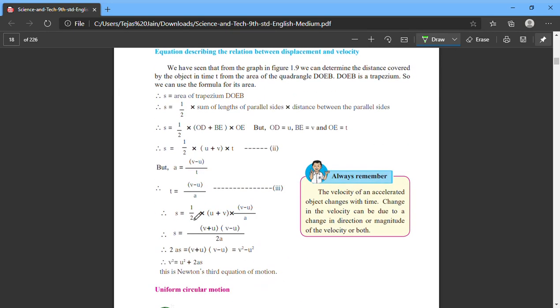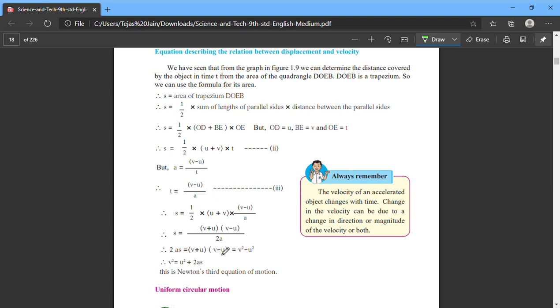But here A is equal to V minus U upon T. Therefore, T is equal to V minus U upon A, right? Now, by substituting this value of T here, we get S is equal to 1/2 into U plus V into V minus U upon A, so S is equal to V plus U, V minus U upon 2A.